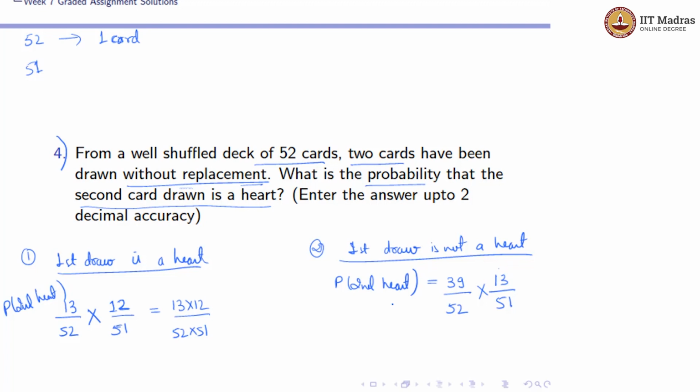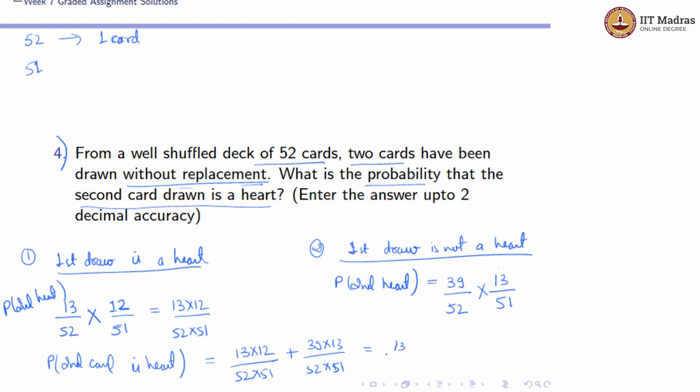So to find the probability that the second card is a heart, you add both these cases, because both cases are possible. So this is 13 into 12 divided by 52 times 51, plus 39 times 13 divided by 52 times 51.